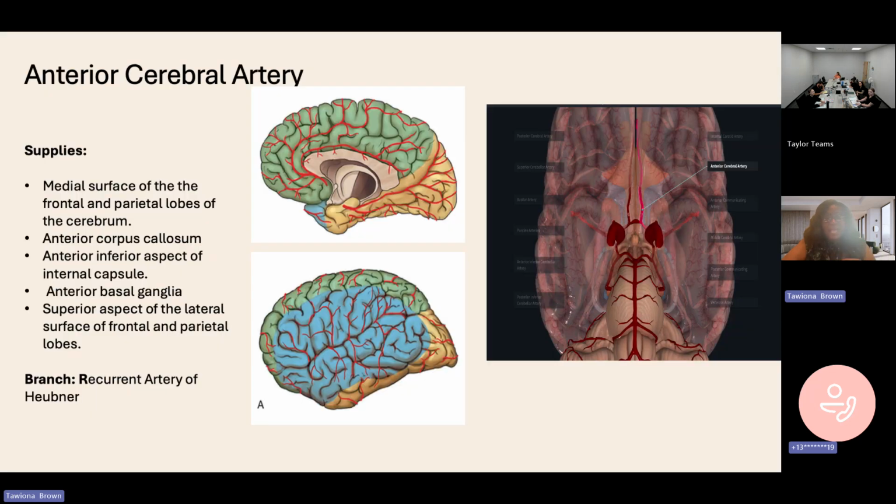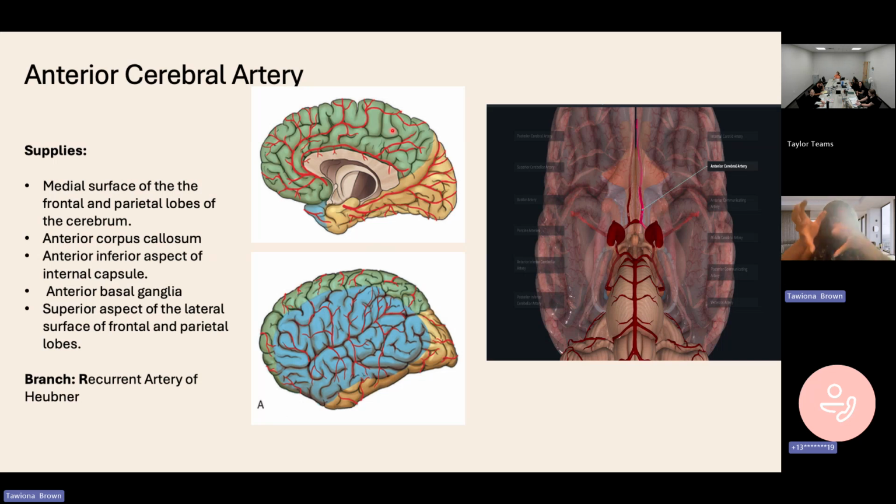Now, the ACA is going to supply the medial aspect or surface of the frontal lobes and the parietal lobes. So I have that marked for you in green, okay? So that's this entire green component here. You have the frontal lobe, you have the parietal lobe, and this is the medial aspect of the brain, okay?